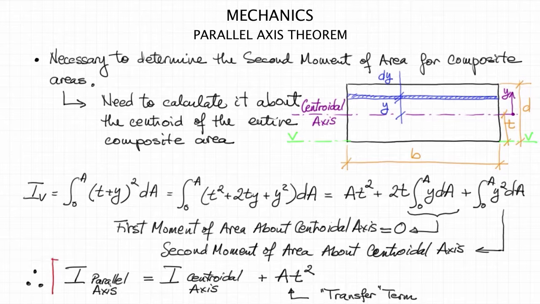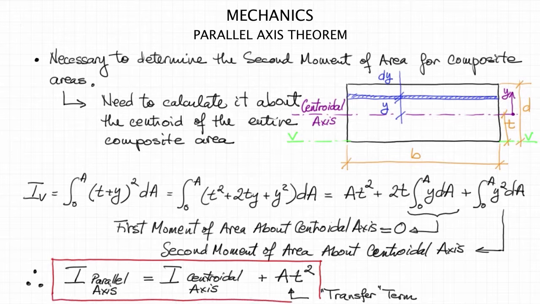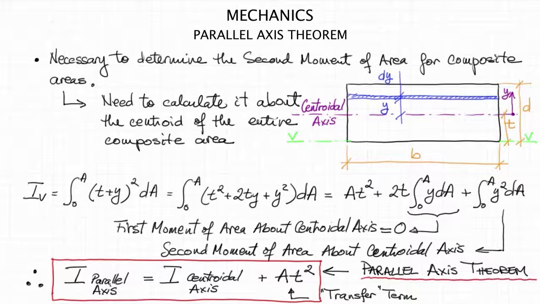So you transfer the result from one axis, which is the centroidal axis, to the new axis that is parallel to the centroidal axis. And therefore this expression, which is a fundamentally important expression, is called the parallel axis theorem. You have to remember this expression, you have to memorize it, and you have to be able to use it in solving various types of problems.